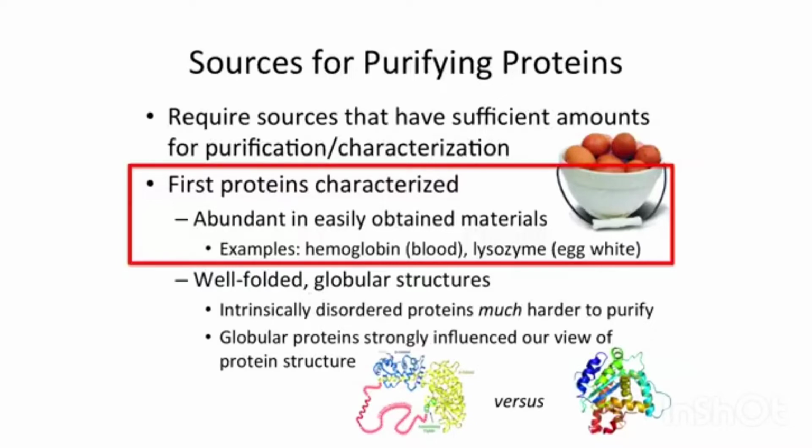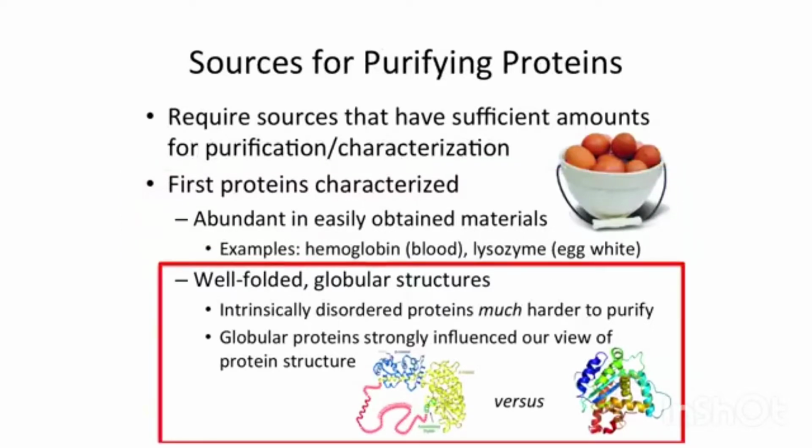And these first proteins were all well-folded, what we call globular structures. They're folded into a nice compact form. On the other hand, intrinsically disordered proteins are often lower in amounts, and they are much harder to purify. Many of them have not been purified as entire proteins. Pieces of them have been purified.